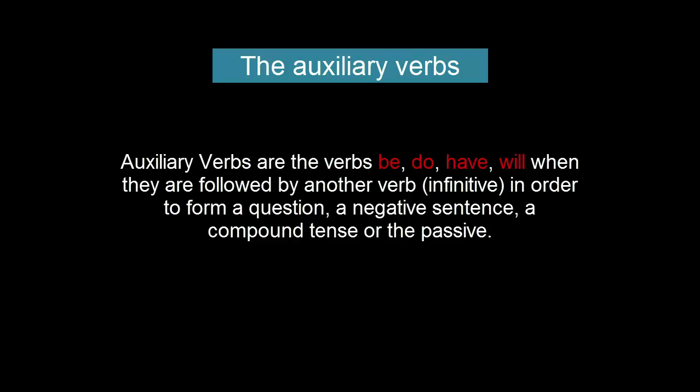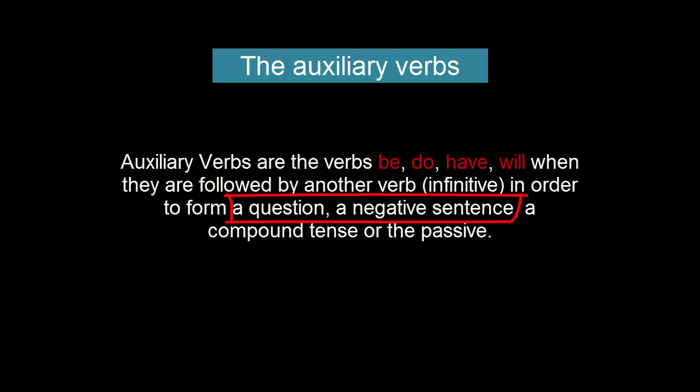The auxiliary verbs are the verbs be, do, have, and will when they are followed by another verb, an infinitive verb, in order to form a question, a negative sentence, a compound tense, or the passive form. Today, we are going to talk about the question and the negative sentence.